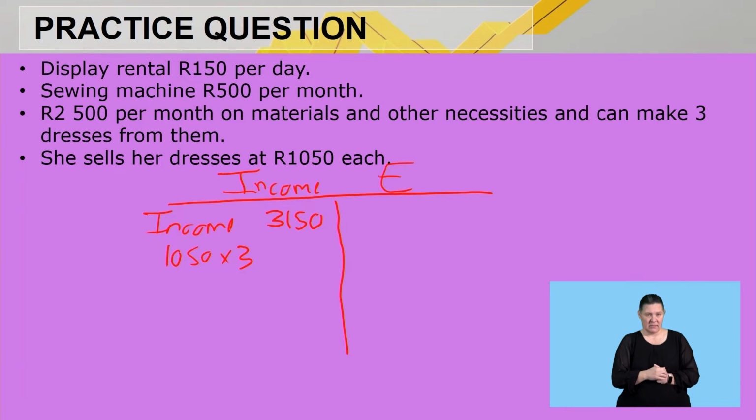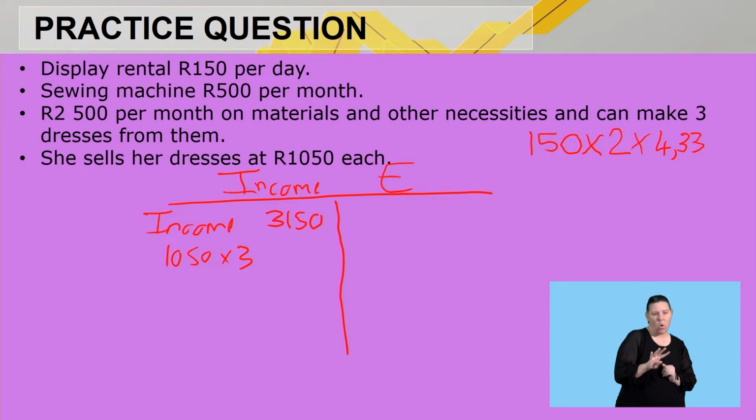Then her display. We need to remember that she displays it every weekend, which is a Saturday and a Sunday. So it's 150 Rand for the Saturday, 150 Rand for the Sunday, so it's 150 Rand times 2. And then to make it a month, we times by 4,33. Remember, an average month is a bit longer than 4 weeks, and a long month would have been 5 weeks.